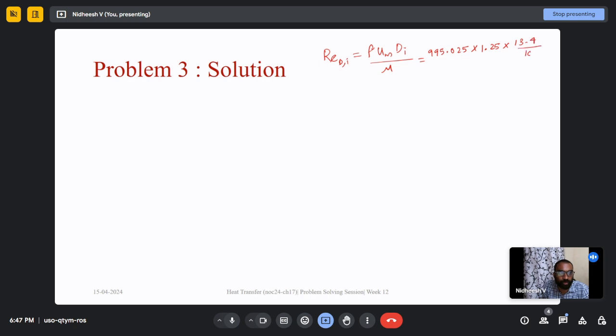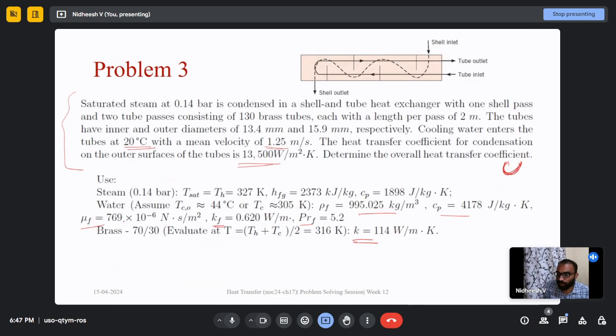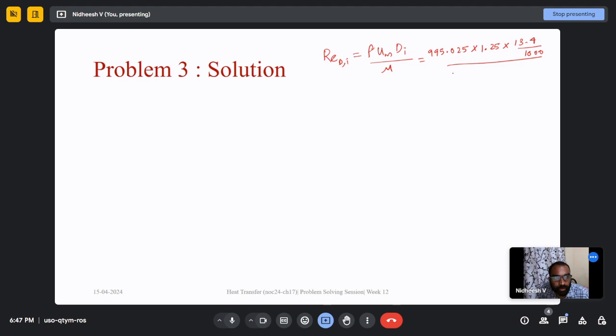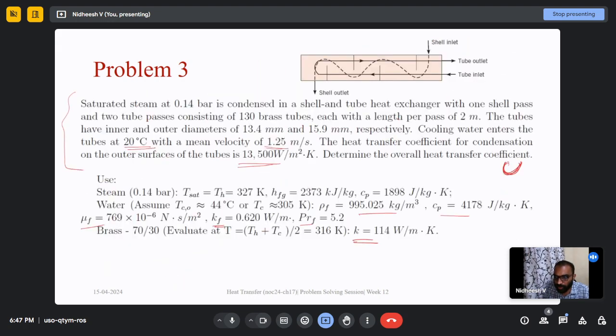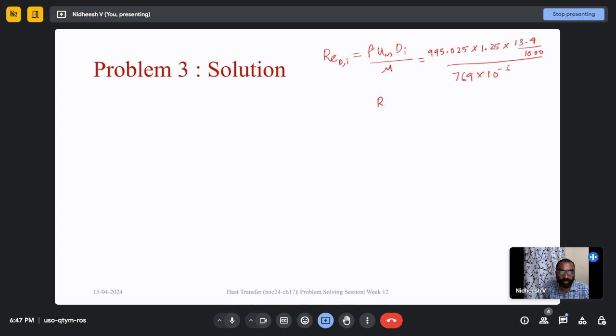We'll convert that to meters by dividing by 1000. Whole divided by the kinematic viscosity, which is given to be 769 into 10 power minus 6 Newton seconds per meter square. Let me confirm the value. Yes. So if we evaluate, we will get the Reynolds number corresponding to the water flow through the inner tubes.